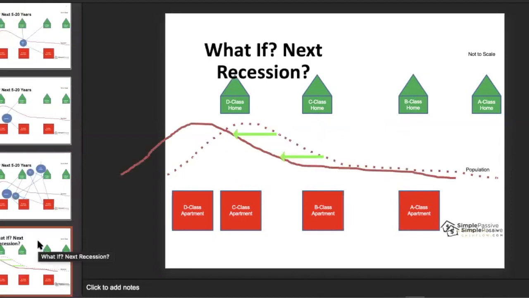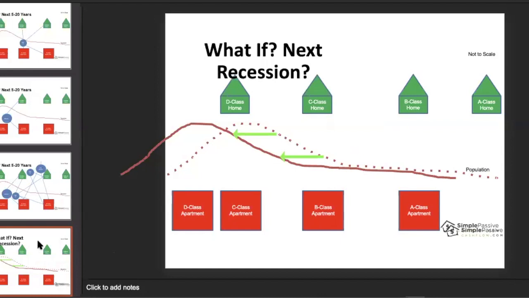But what happens in a recession? The population will drift backwards, and this is why I like Class C in tertiary markets, or definitely Class C, because people in the A class properties are going to hurt the most.